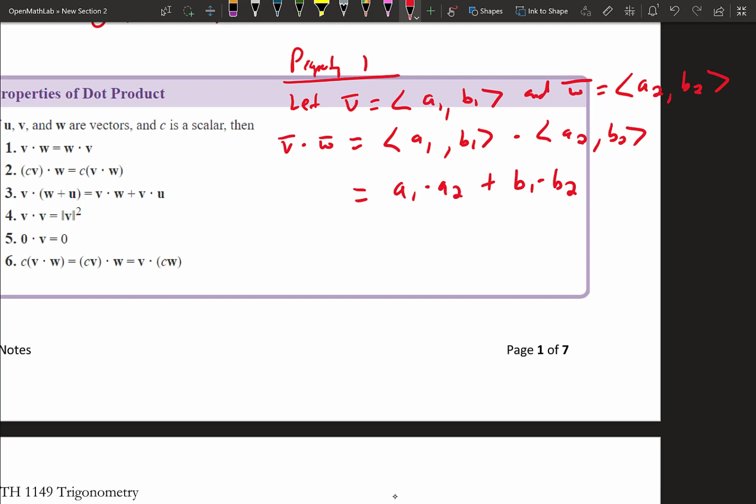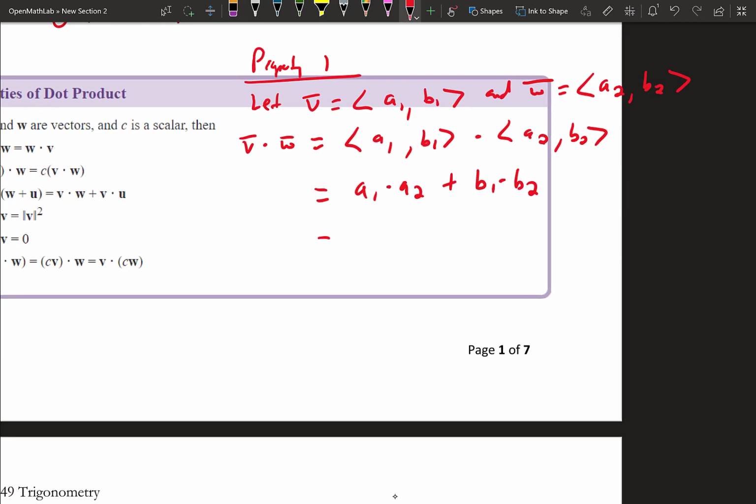Right. So remember these a and b components, these are just real numbers. So I can rewrite this just by changing the order of the factors. Right. This is using the commutative property of multiplication of real numbers.